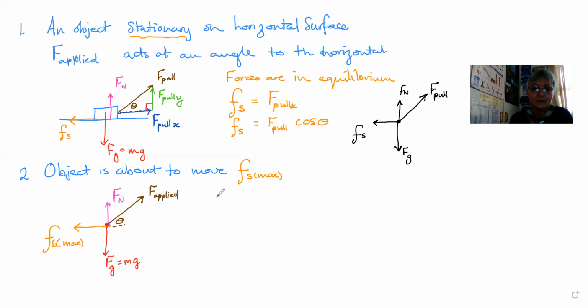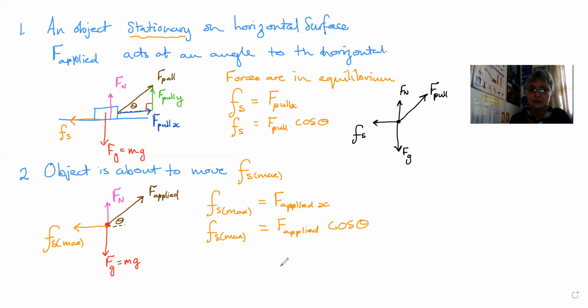Once again, the maximum static friction is in equilibrium with the applied force's X component. And the applied force's X component is F applied cos theta. So Fs max, if you have the correct information, you could calculate it by using this equation.